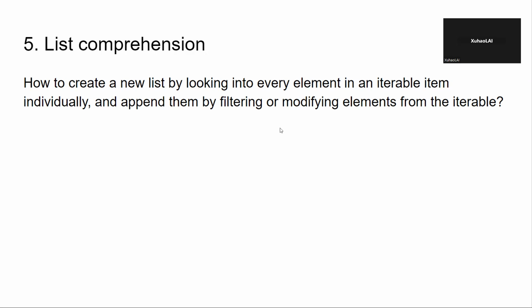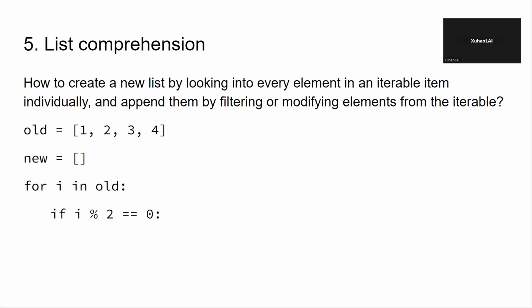So how are you going to do that? Suppose I have the list O, 1, 2, 3, 4, and a new list which is an empty list. So for I in O, if it is an even number, like if I mod 2 is equal to 0, then new dot append I times 5.